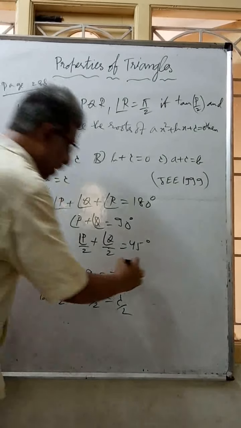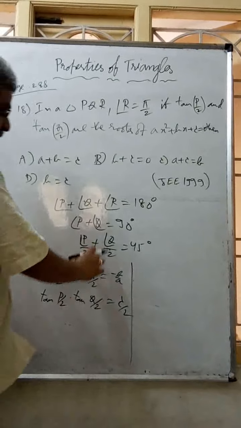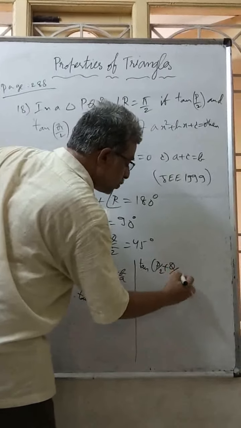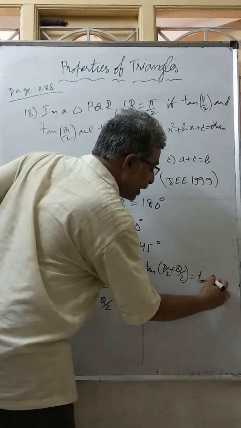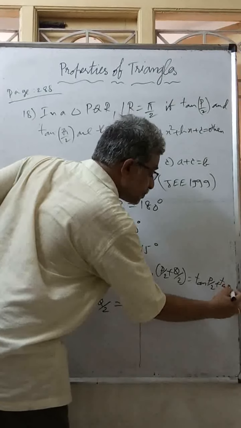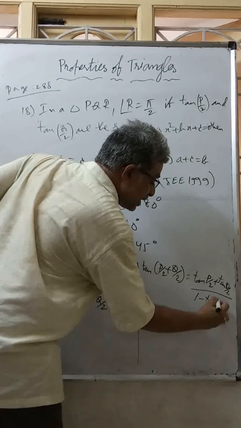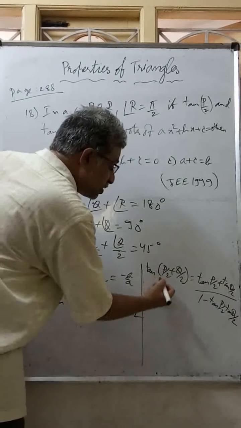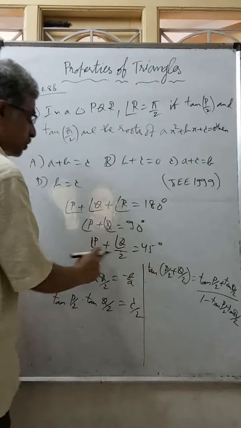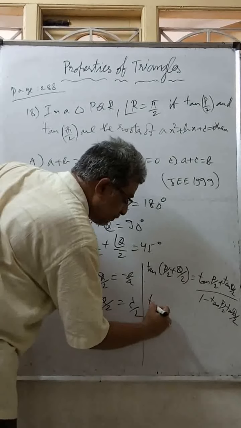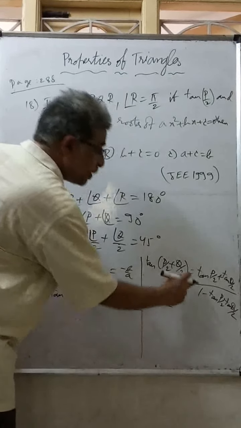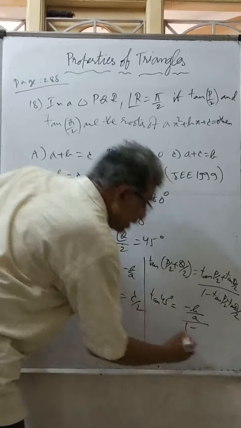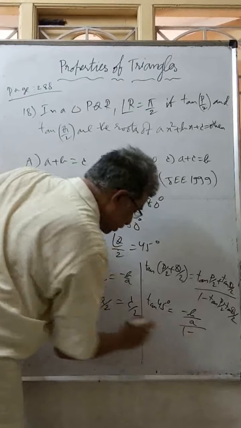Now if I find the tan of a plus b formula, tan of P by 2 plus Q by 2 equals, I know that tan a plus tan b by 1 minus tan a tan b. Now P by 2 plus Q by 2 is 45, so tan 45 equals tan P by 2 plus tan Q by 2, whose value I know is minus b by a, and 1 minus tan P by 2 into tan Q by 2, which is c by a.